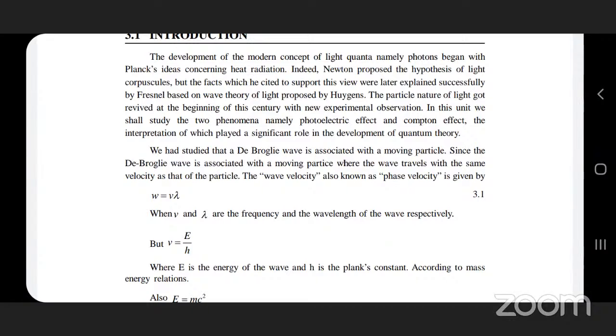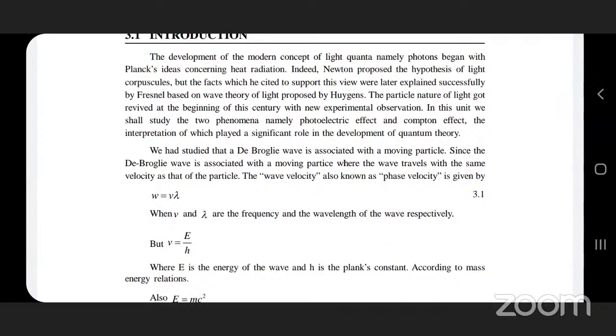But if it behaves like a wave, E equals h nu, and lambda equals h by p, the de Broglie wave theory. So lambda is the wavelength, h is Planck's constant, p is the momentum. So lambda equals h by mv, or h by p.